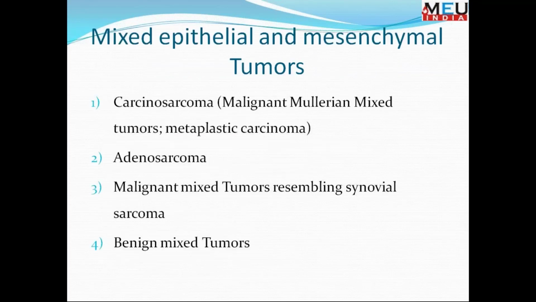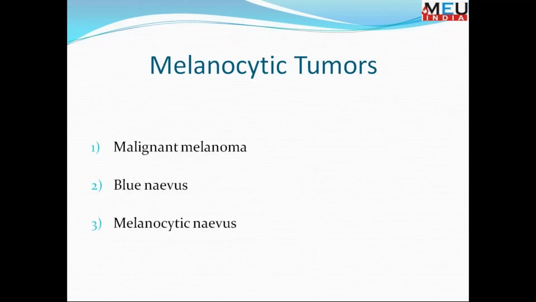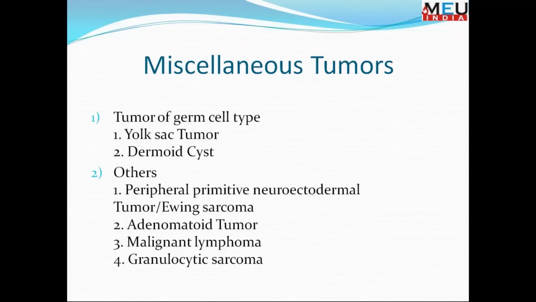The mixed epithelial and mesenchymal tumors involve carcinosarcoma, that is mixed Mullerian tumors, metaplastic carcinomas, adenosarcomas, mixed tumors involving synovial sarcomas, and mixed benign tumors. The melanocytic tumors involve malignant melanomas, blue nevi, and melanocytic nevus.